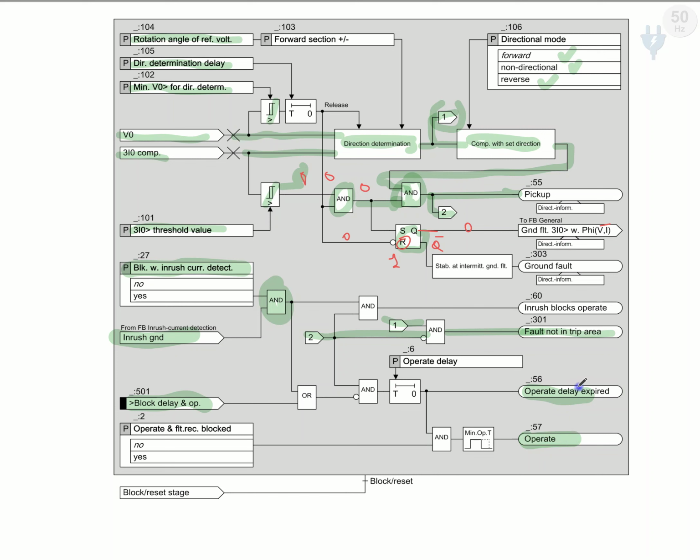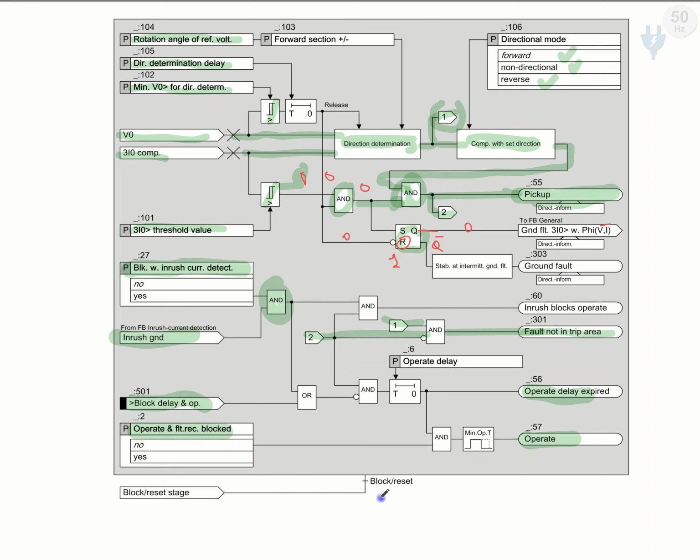If we select that we should block the operation, our operation and fault recording will be blocked. We will have this pickup, but it will not operate because we have chosen to block the operation.